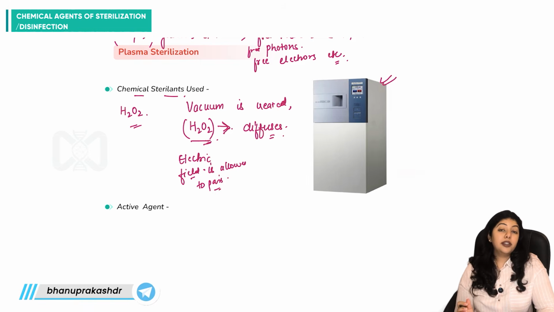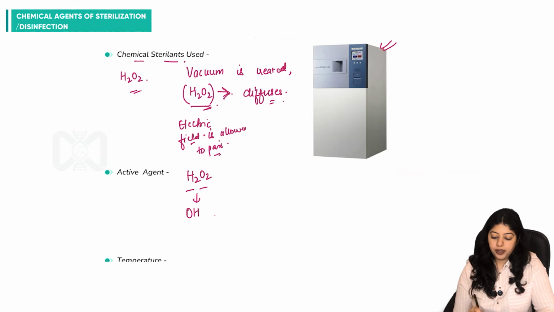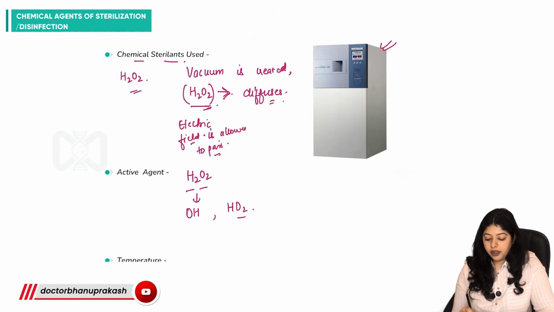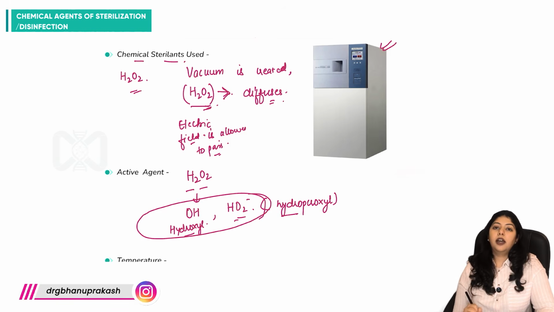Now, what is the role of this electric field? This is going to disrupt the hydrogen peroxide into hydroxyl and hydroperoxyl groups. And these agents are going to have microbicidal activity.